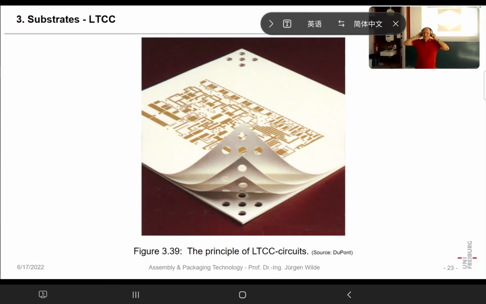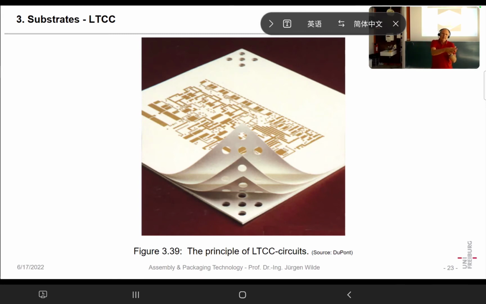We see it in a second. Imagine you have a booklet with many pages, let's say 30 pages, and you print a pattern on each page. Imagine now that pattern would be electrically conductive. Yeah, that could be done.